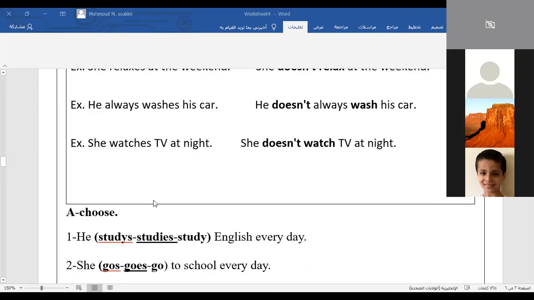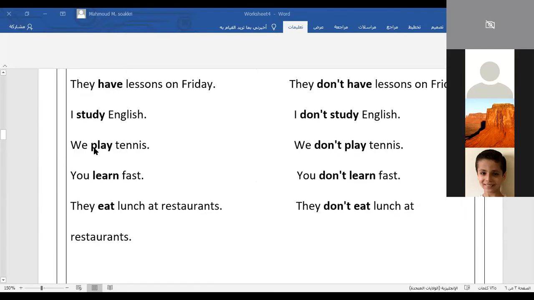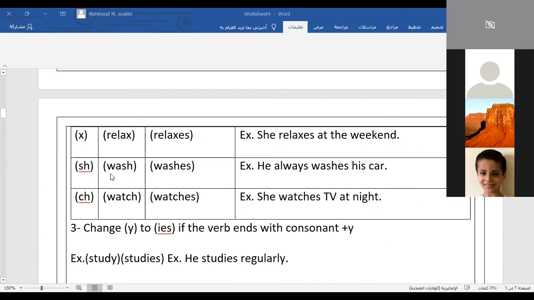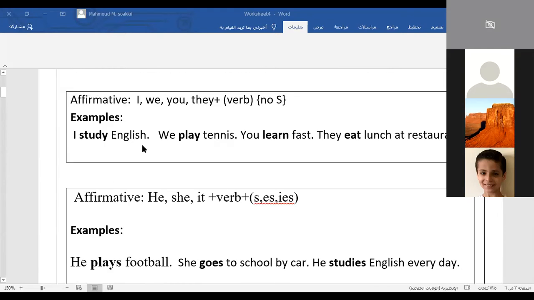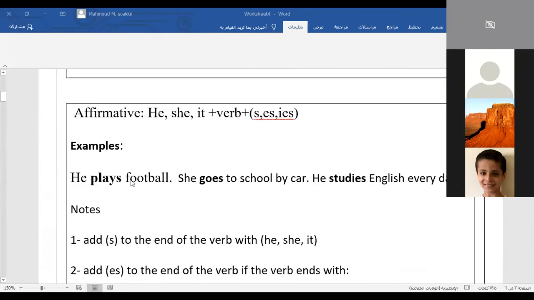Okay. Hamza, look here, please. Look at this example. Here we said he plays. We didn't change Y into IES. Why this happened? Because Y, the last letter, has a vowel letter before it.